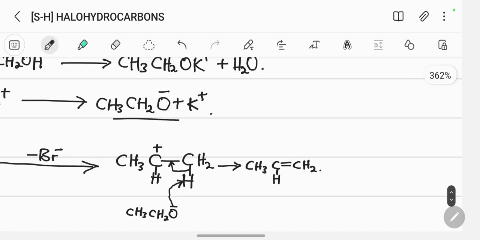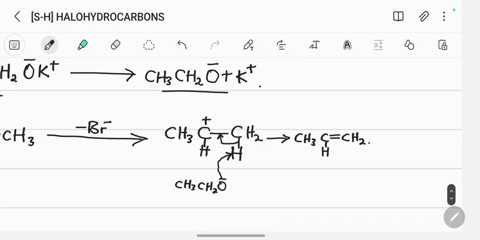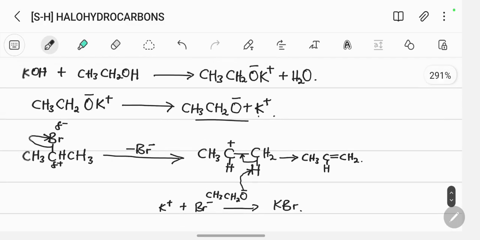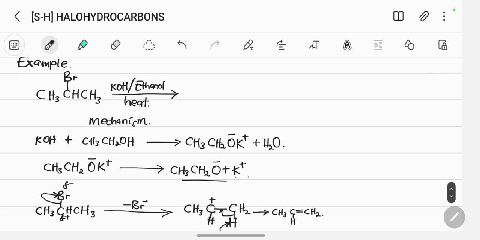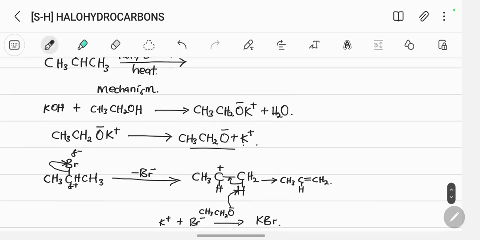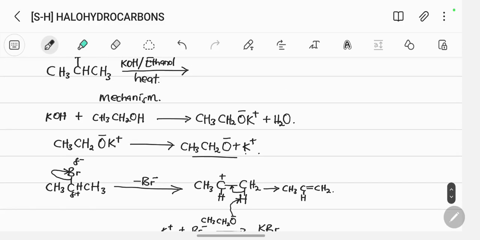Have you seen that? So lastly, this potassium has to react with the bromine. So potassium ions with bromide ions we form potassium bromide there. So that one is our reaction, and I'm going to put it there as the result.